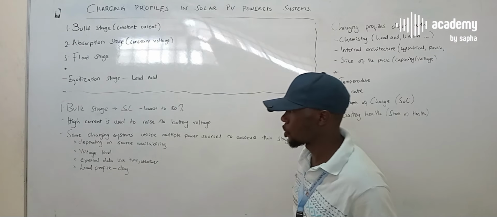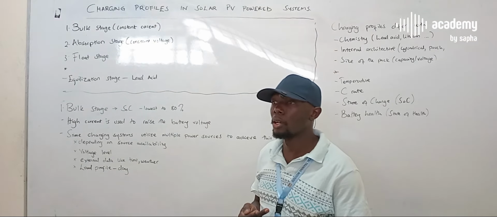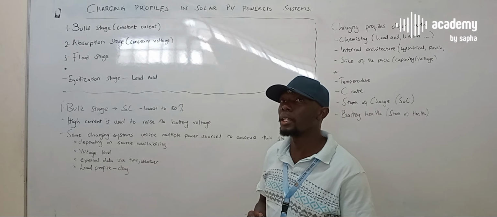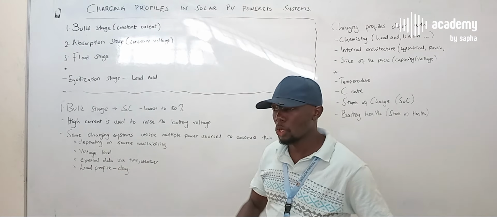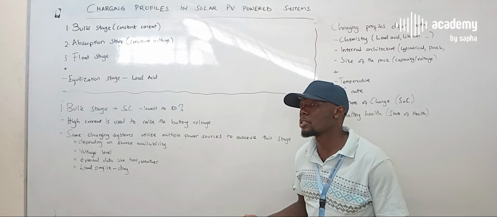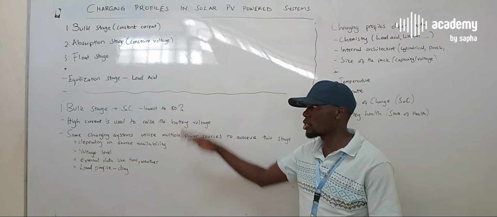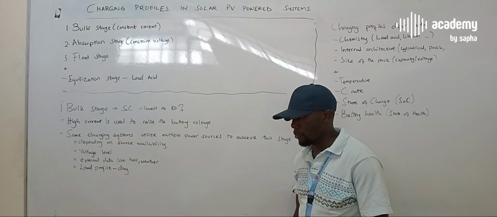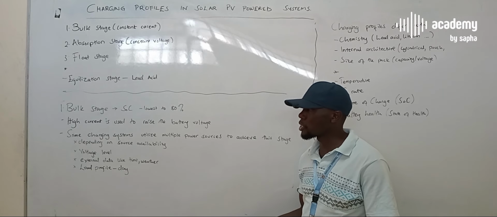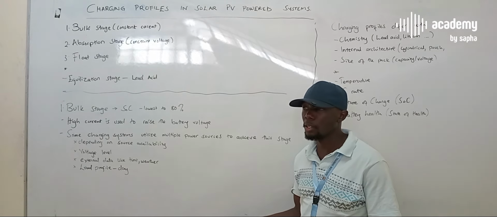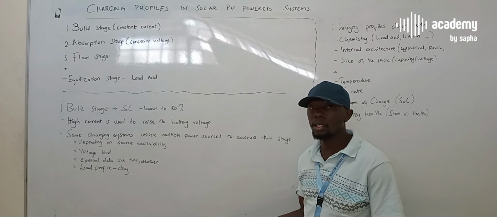In the bulk stage, a good example is when the SOC is at its lowest point. In most common systems, you'll find that in the early hours of the morning, because the system has been utilized overnight, the state of charge is at its lowest point.